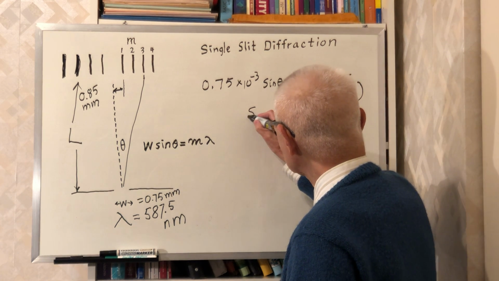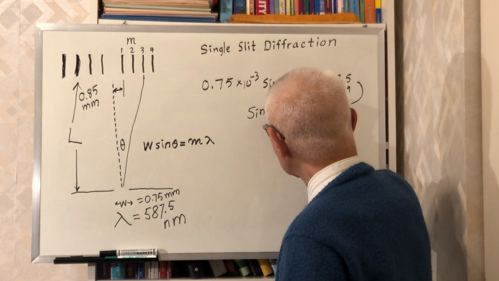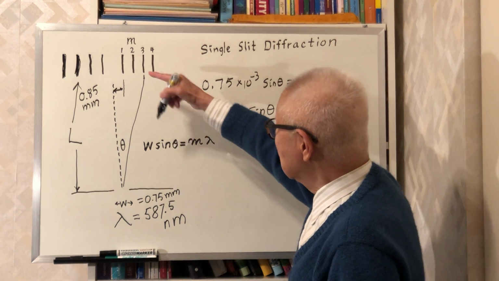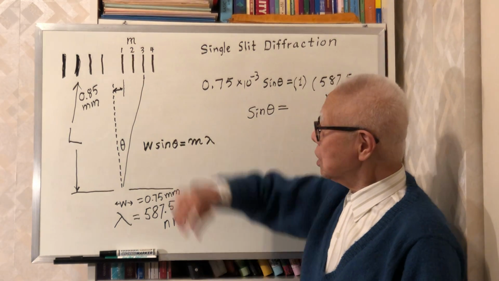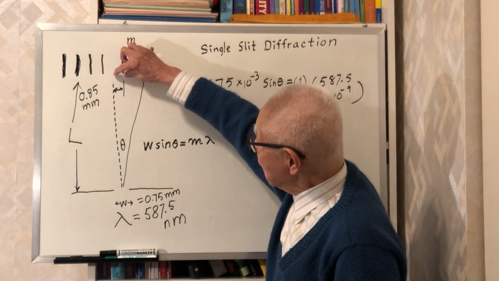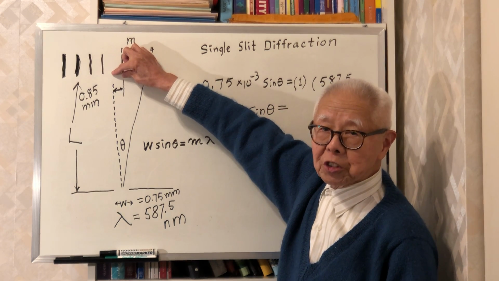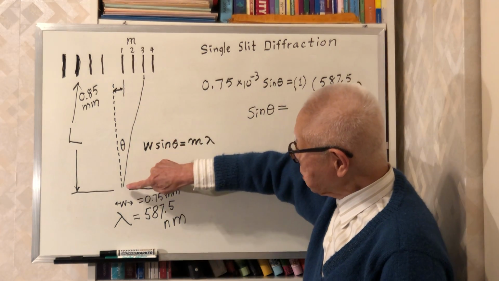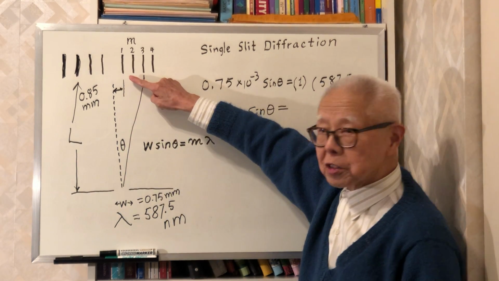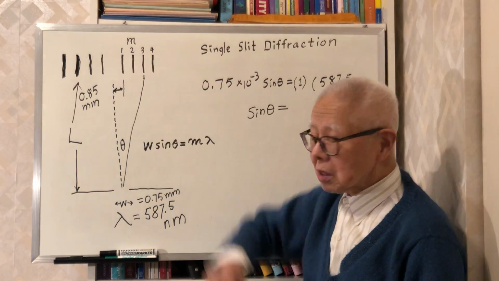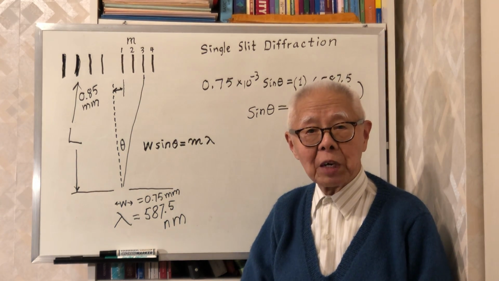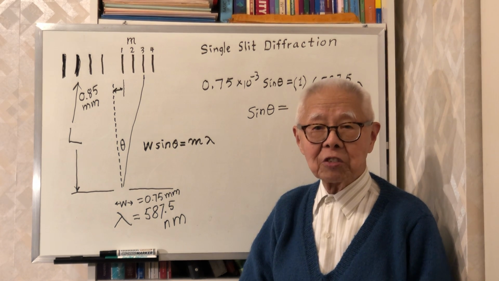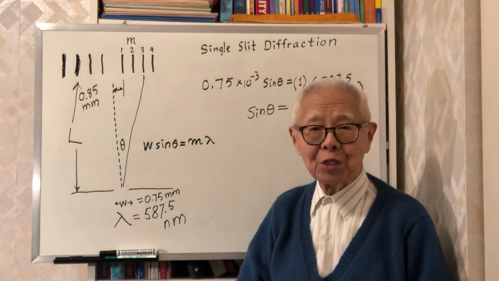What is sine theta? Sine theta is the opposite side divided by the hypotenuse. From here to here, this is the hypotenuse. But usually theta is a very small number. It's a small angle. Therefore, sine theta is roughly equal to tangent theta.